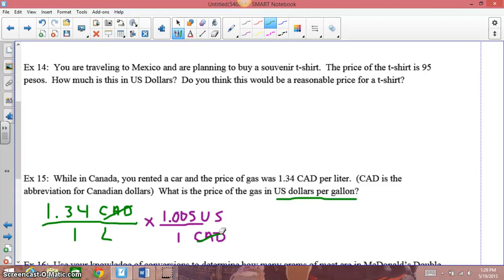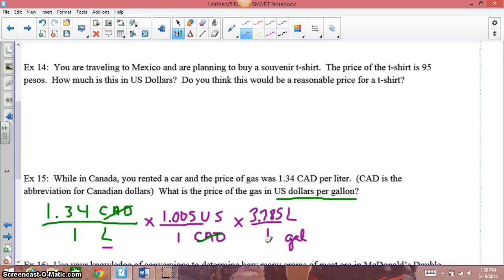I have US dollars per liter, so I need to convert those liters to gallons. So like we saw before, if you want to get rid of the liters, which are sitting here on the bottom, in order for it to cancel out, you've got to put liters up top. And you can go, looking on your conversion sheet, directly from liters to gallons. Towards the bottom, you'll see that there are 3.785 liters in every 1 gallon.